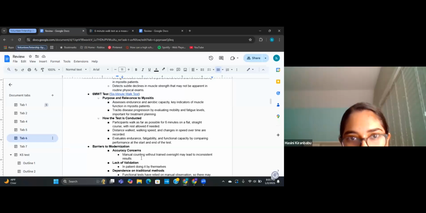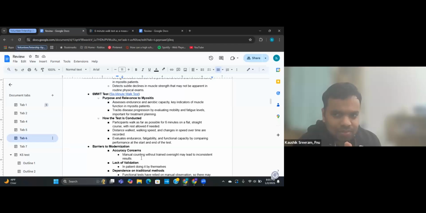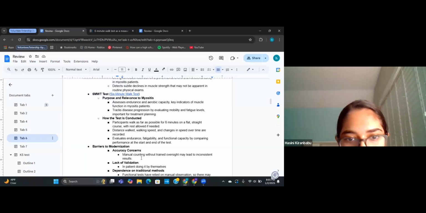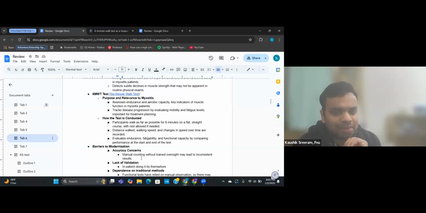So I would say focus on that, with respect to, hey, these are the things that the test measures. That is relevant for me rather than having long sentences or longer points. Make sense? Then you go into how the test is conducted. Look at the structure: first you say what the test is measuring.